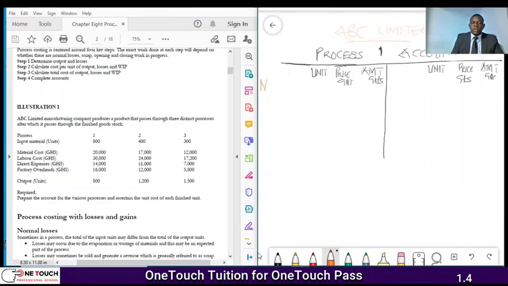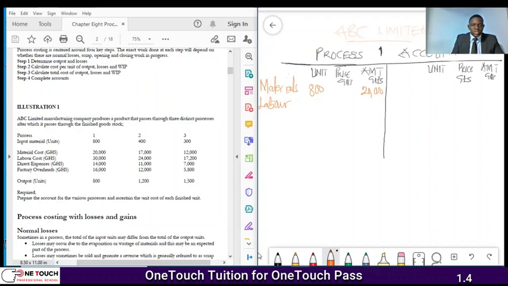So we have materials. 800 was put into the system, and the total cost of material was 20,000. Now labor. So we add labor.